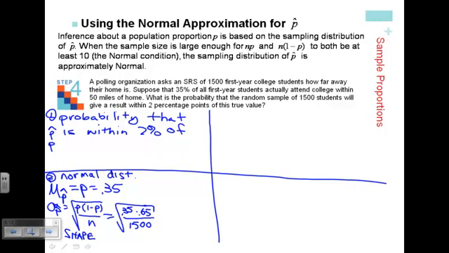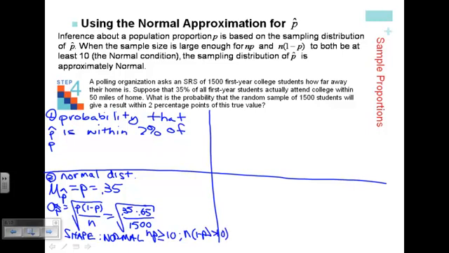Can I expect out of 1,500 people at least 10 people to say yes? If I ask 1,500 people, do I expect at least 10 people to say no? Okay. The shape is normal. Why? The number of successes is np, and that's greater than 10. The number of failures is n times 1 minus p, and that's greater than 10.